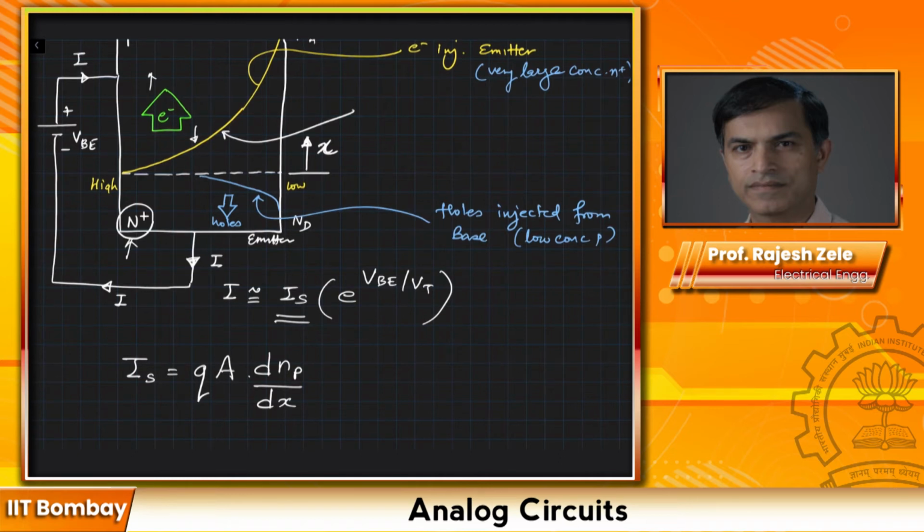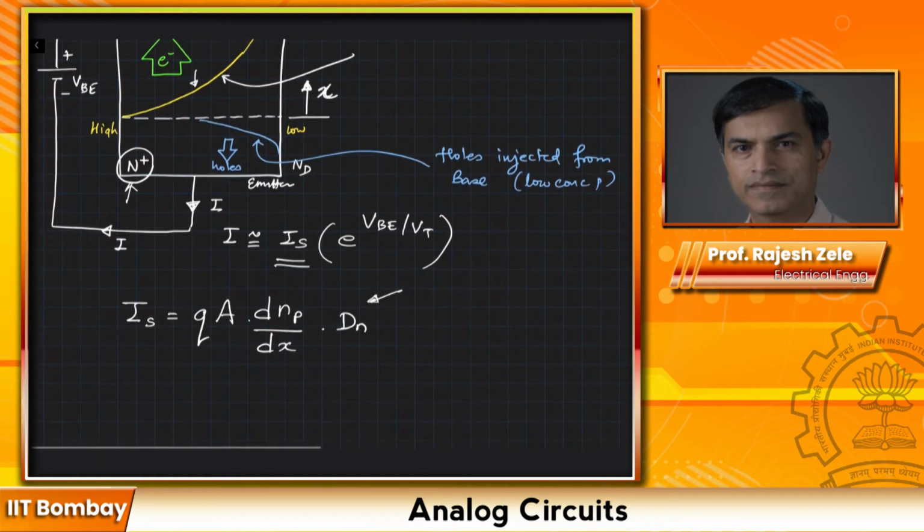And it is multiplied by Dn, which is the diffusivity. In this particular case, we are only looking at this for the electrons in the P region, because you will have a similar expression for holes, but due to the dominant N plus diffusion, we are going to ignore that part. Let's see what these numbers turn out to be.